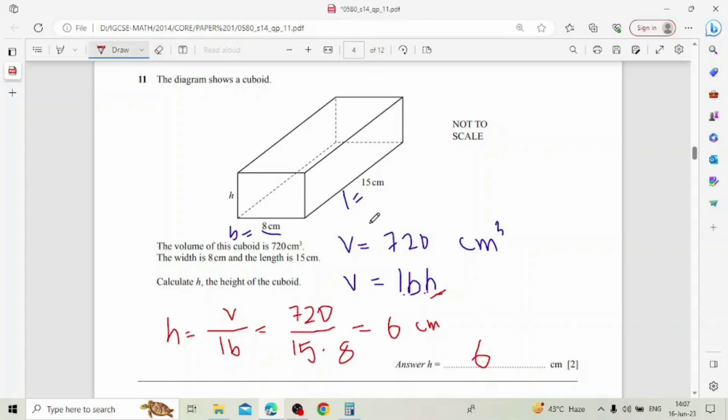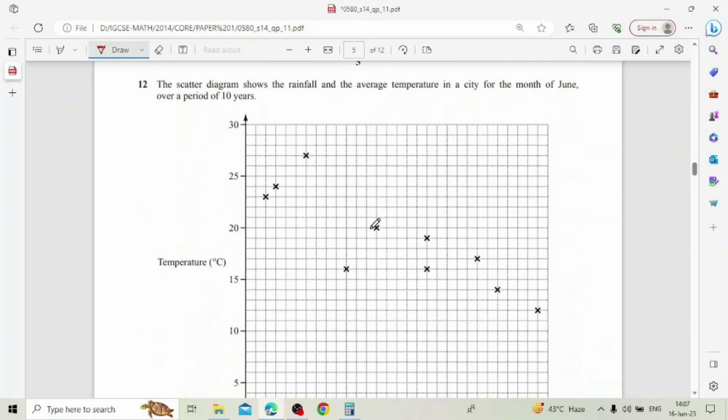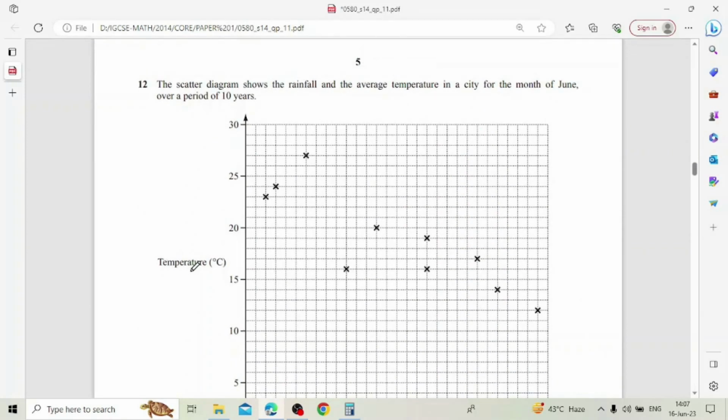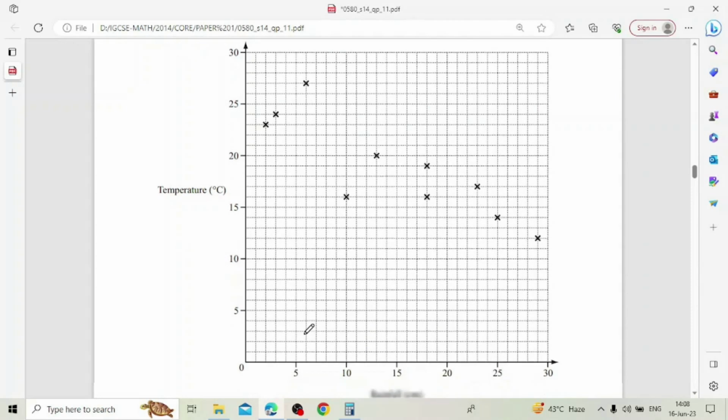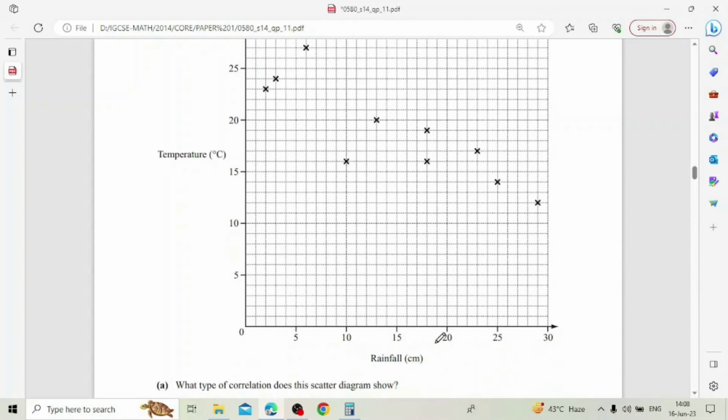Now, number 12. The scatter diagram shows the rainfall and the average temperature in a city for the month of June over a period of 10 years. This is the temperature, and these are the rainfall in centimeters on the x-axis.